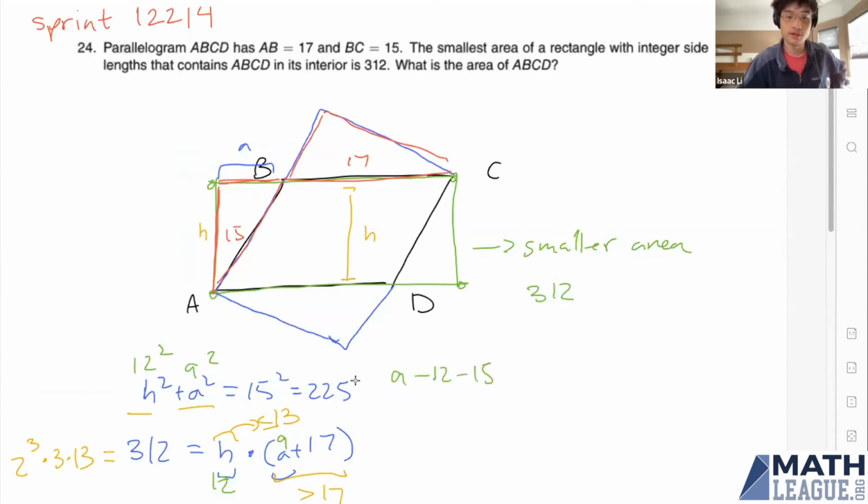So H is equal to 12, A equals 9, and the area of the parallelogram is equal to the height, which is 12, times the base, which is 17, which is 204.